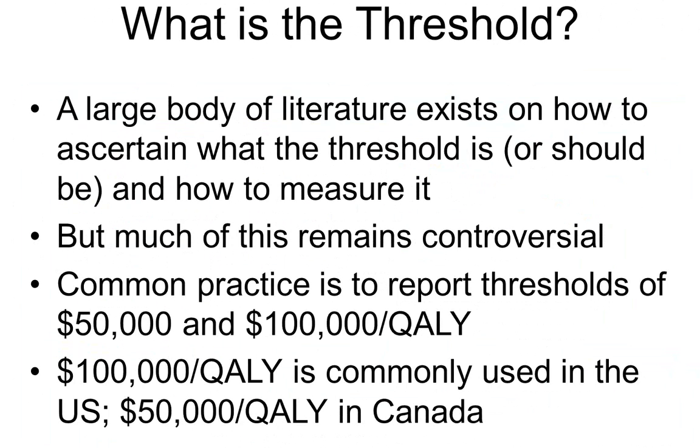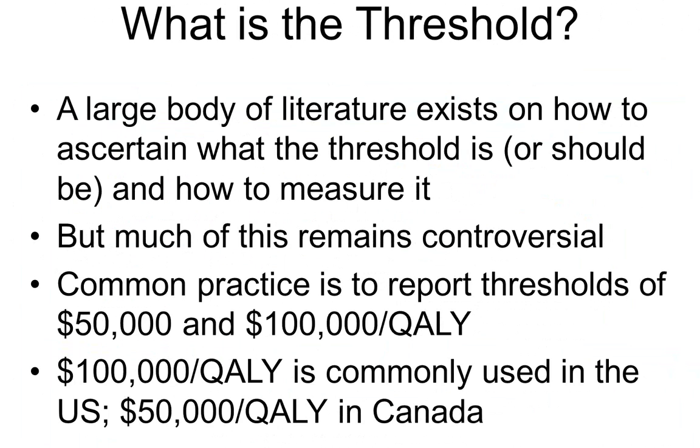Well, so I said just now that we can only interpret ICERs relative to a threshold, and so you might come back and ask me, well, what is the threshold? And there's a large body of literature on how to ascertain what the threshold is, or what it should be, and how to measure that. Much of this remains controversial.